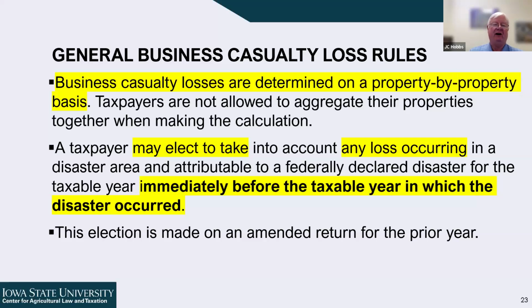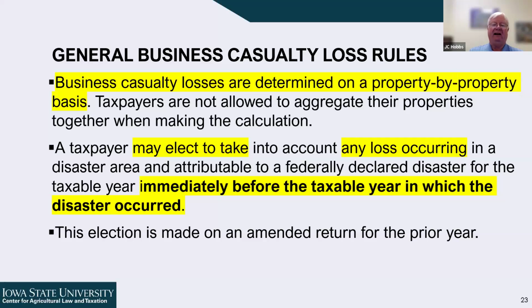We're not allowed to aggregate them all together. We have to look at each one of them independently, and then when we're all done, we add the numbers together. Any negatives we subtract off so that we end up with the calculation of what that casualty loss actually is. But remember, it's on a property by property basis. Each individual asset is looked at separately.